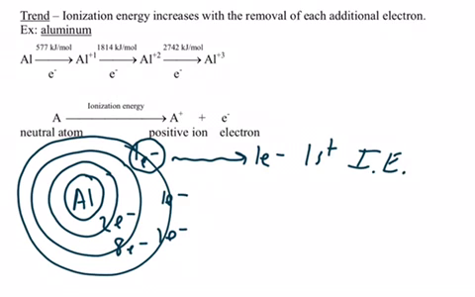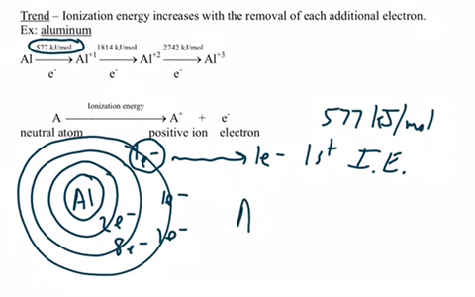And according to studies, it takes approximately 577 kilojoules per mole to remove that first electron. Once that electron is removed, aluminum becomes Al plus 1. So we just removed the first electron.